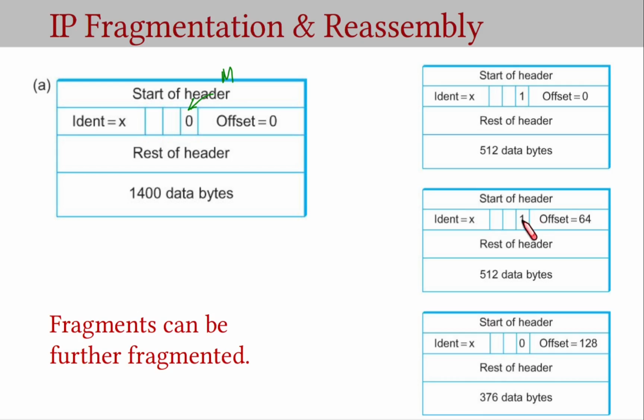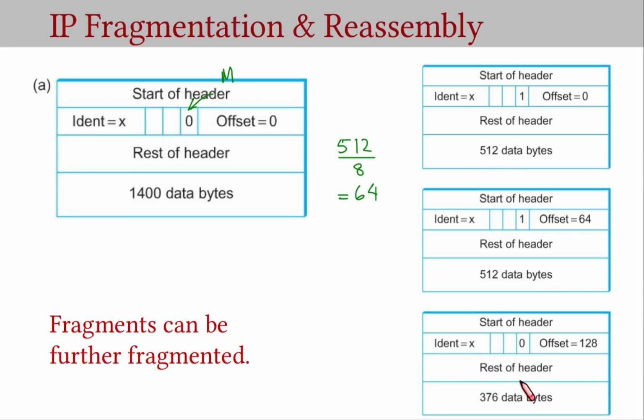And again, the more bit is set because this is not the last fragment, so there's one more fragment coming up. This offset is counted as 8 byte chunks of the data. So we sent 512 bytes here, and if you divide by 8, that gives us 64, and therefore the offset is 64. So in offset we count 8 byte chunks of the data that we have sent.